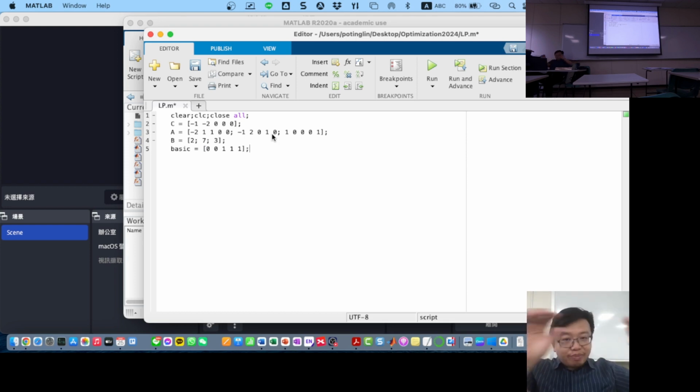So this basic variable in MATLAB would be how I decide which column is basic or non-basic. So later on, I need a general code for me to determine what is Cn, what is Cb, what is An, Ab, and so on. So let me write the code.